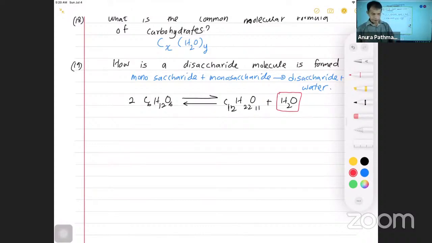If you can remember the activity done by the female bee, it takes all this monosaccharide and keeps it in the beehive, keeps drying it up and removing water molecules and then converting that into sucrose, right?